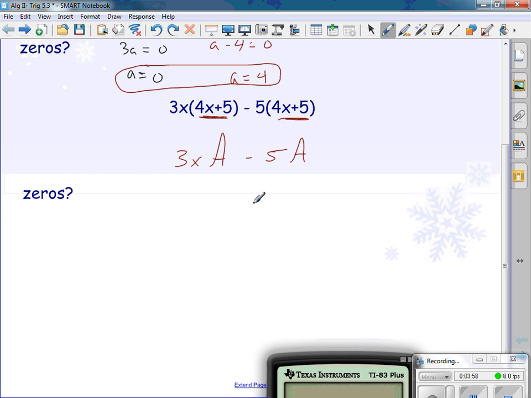What do they both have in common? The big A, which is my parentheses. So I pull out the parentheses. If I take the parentheses out of this one, what am I left with? 3x. If I take the parentheses out of this one, I'm left with minus 5. This is factored by grouping.